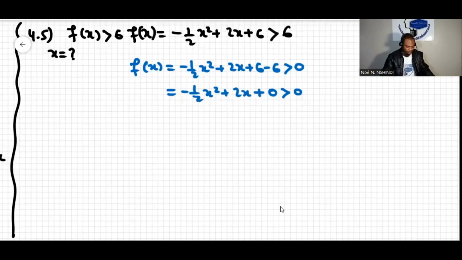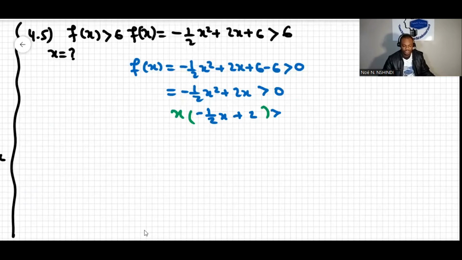It means 0 over there. Meaning if I take x, let's do it this way, is greater than 0. Now, if I take x as a common factor to find the critical values, it's going to be x, open bracket, negative a half x plus 2, close bracket, greater than 0.